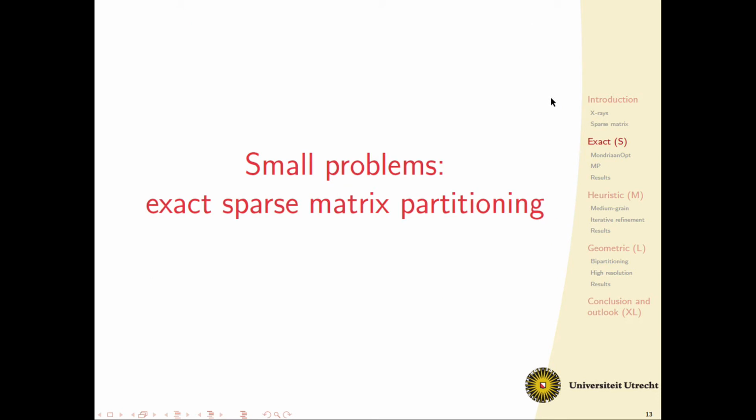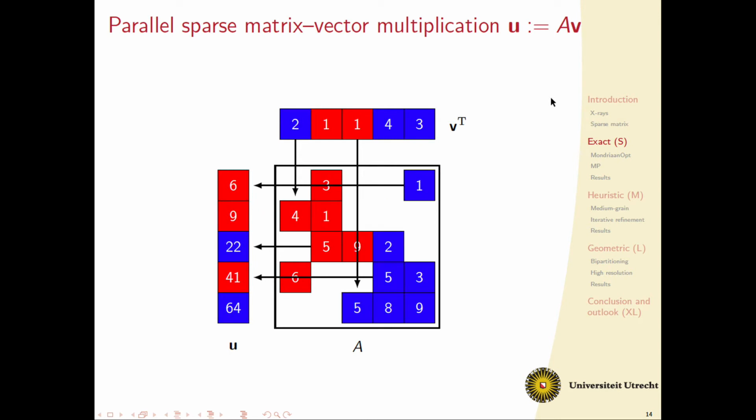Okay, so now we start with the small matrices, and we look at what we can compute exactly. So in tomography, what you need to do is often multiply a sparse matrix and a vector. That's what all these algorithms are based on. And here we have the case of a parallel sparse matrix vector multiplication. And you see, in this case, we have two processors, blue and red.